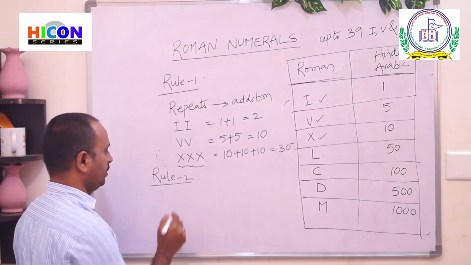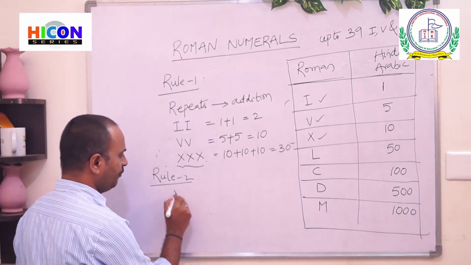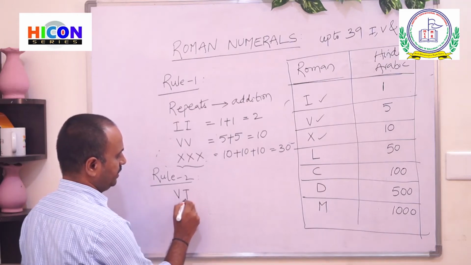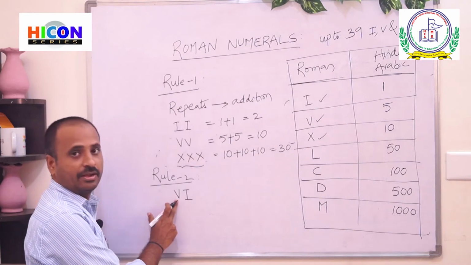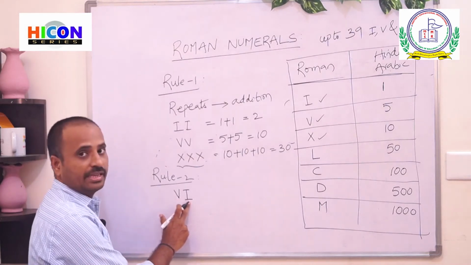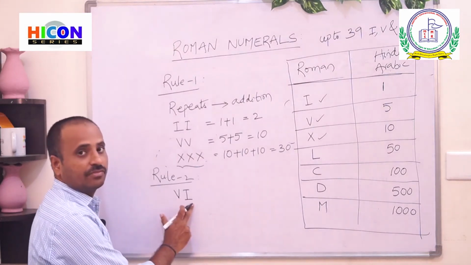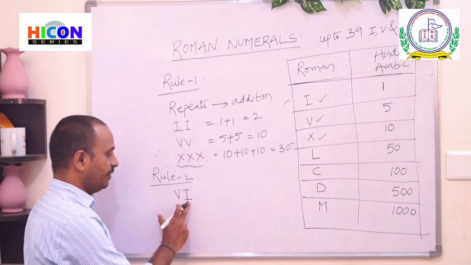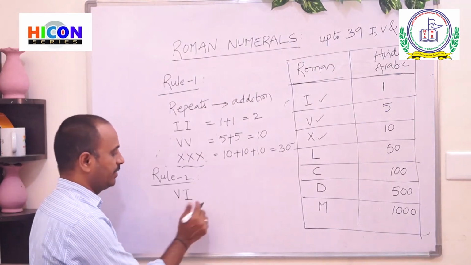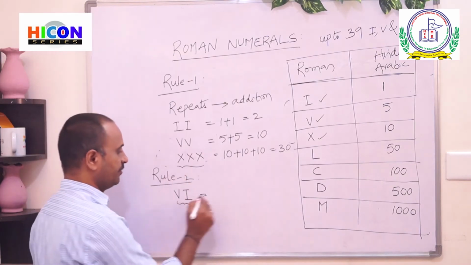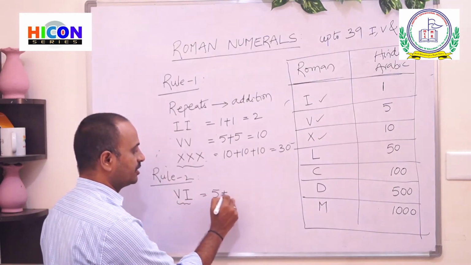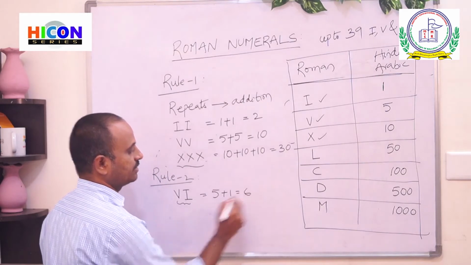For example, VI. Here I is the smaller value and V is the bigger value, and the smaller value I is written on the right side of the bigger value. So we have to add these two symbols. V means 5, I means 1, 5 plus 1 is 6.